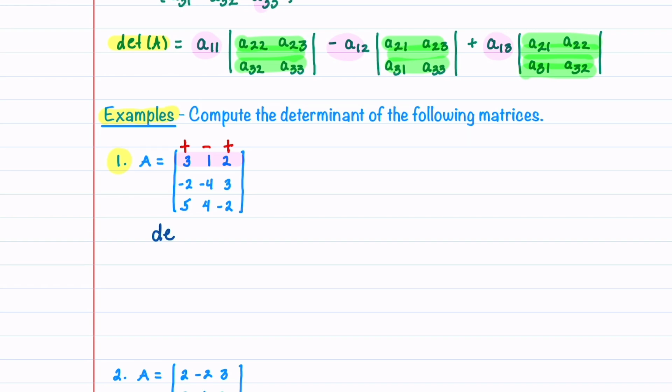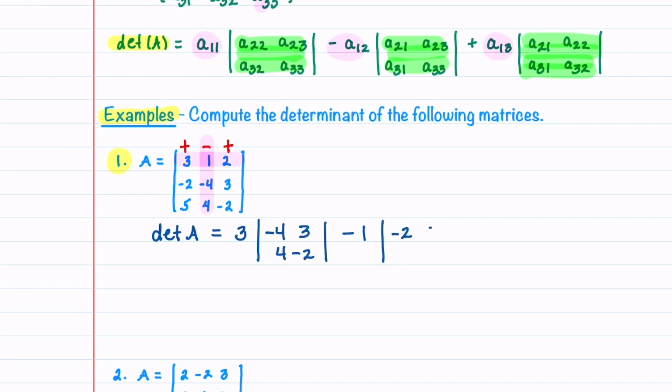The determinant of A is equal to our first entry, 3. We cross out the row and column common to 3. That leaves us with a 2 by 2 determinant, minus 4, 3, 4, minus 2. We then subtract off our next entry, cross out the row and column common to that entry, and then we write down the 2 by 2 determinant that remains.